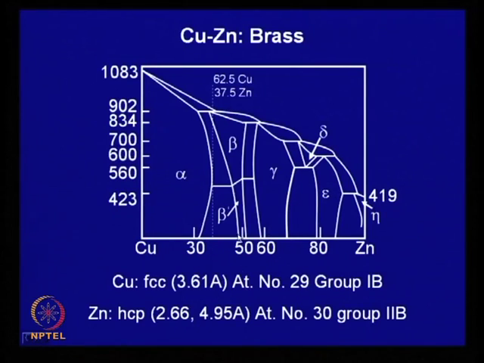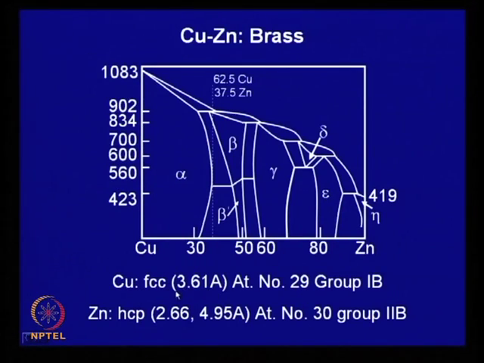Now, let us look at a very common alloy, brass. This is amongst the first alloys which have been used by mankind, and if you alloy copper with zinc, its melting point decreases, so it is easier to make. And look at this diagram, apparently it looks rather complex. Now, copper has a face centered cubic crystal structure.